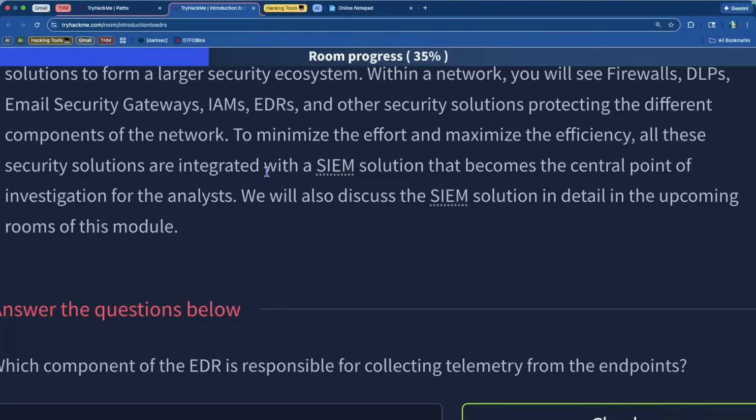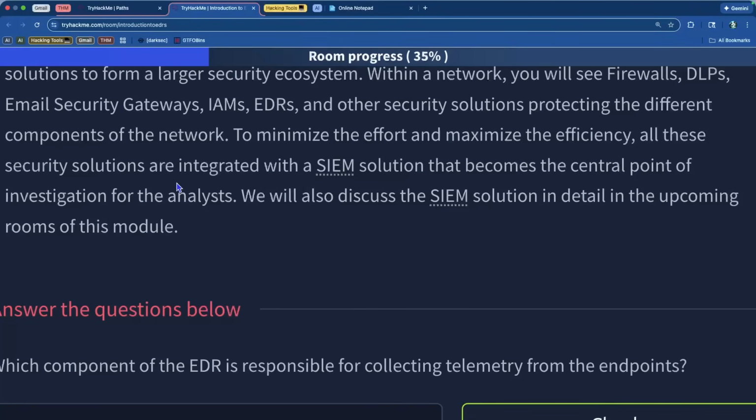As I mentioned at the top of this video, there's an integration that happens between the EDR and the SIEM, and we will discuss how that actually looks in future videos. Essentially, the EDR gets all of the log data from each individual endpoint and forwards it to the SIEM. That's one way of doing it. Or you just get the EDR log, right?